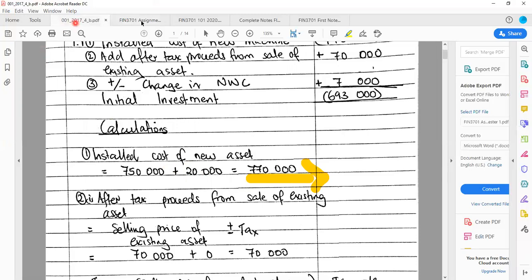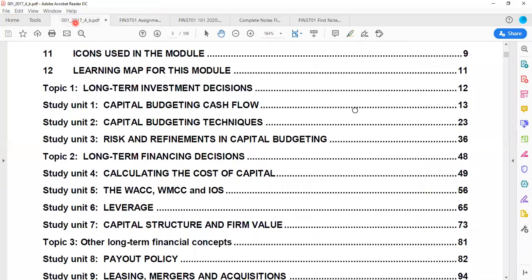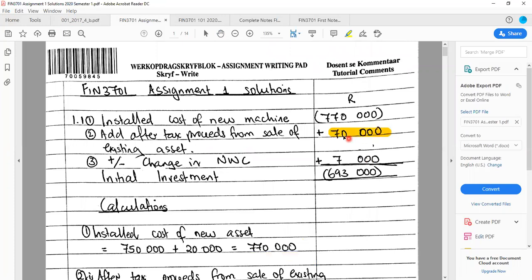Okay. Then the next item we have is the after-tax proceeds from the sale of the existing asset. Remember, the installed cost of the new asset is always put as a negative because it's money going out. Then we have money coming in through the after-tax proceeds from the sale of the existing asset.